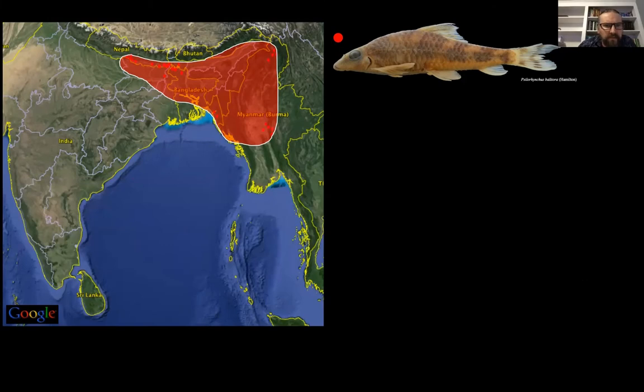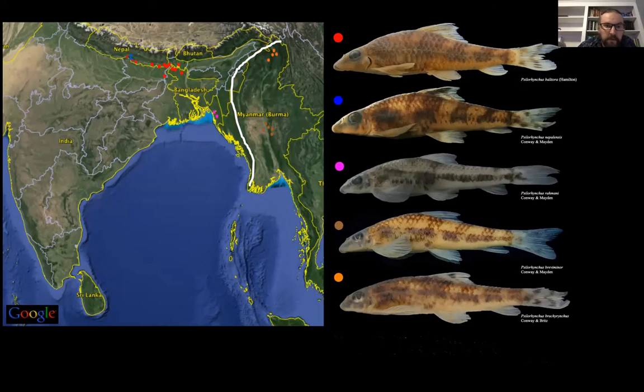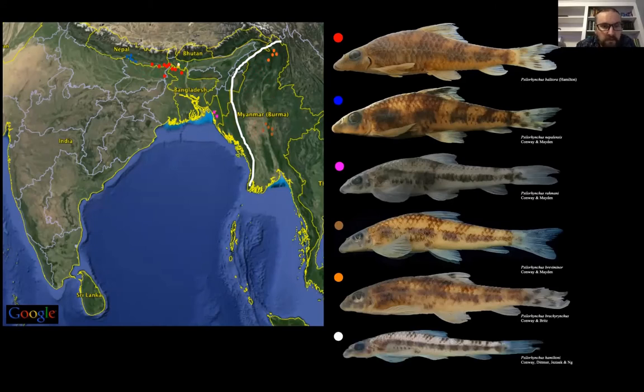And I was actually able to examine material of Cyrenacus balatora from multiple areas, including both sides of the Indo-Burma ranges. And when I looked at this material in detail, what I discovered was that it wasn't just a single species. It was in fact multiple distinct species that had discrete allopatric ranges.